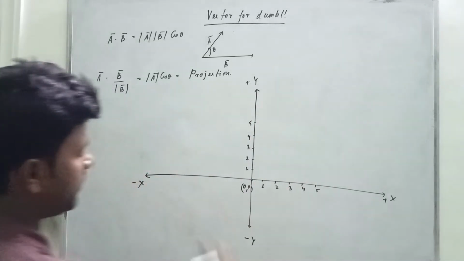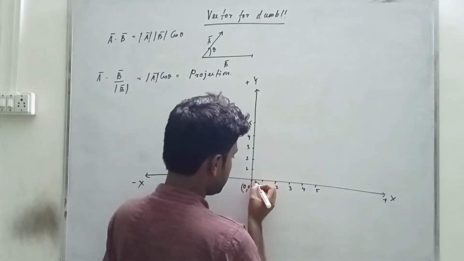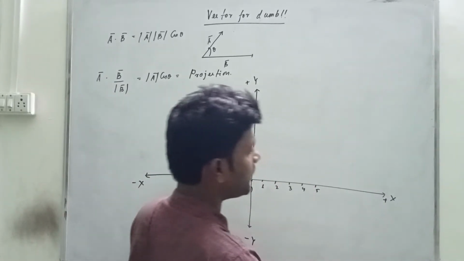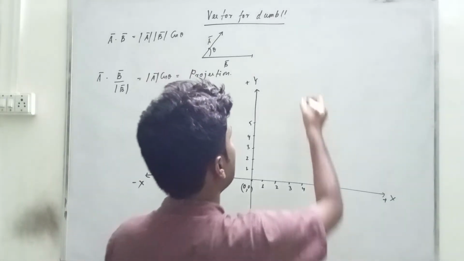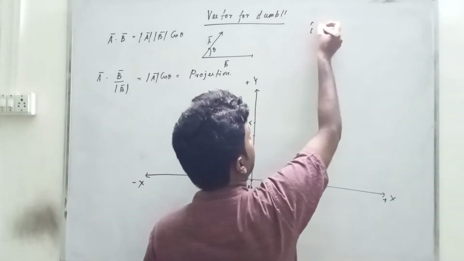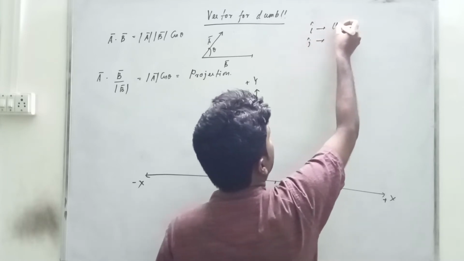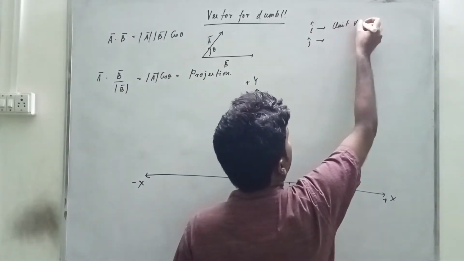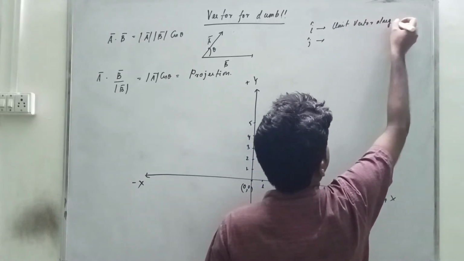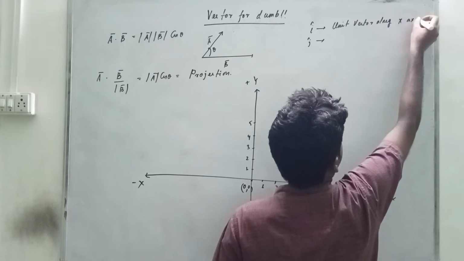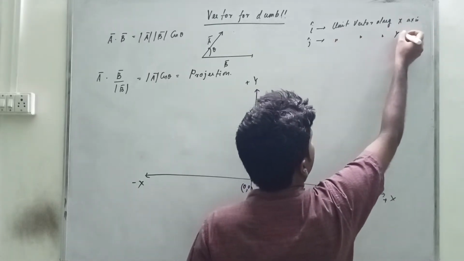From our previous lecture, all of you know what is the I cap. I cap means the unit vector along the x-axis, and j cap is the unit vector along the y-axis.